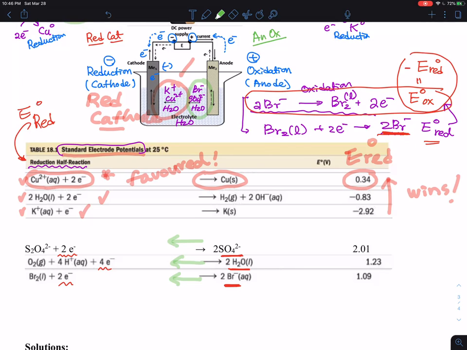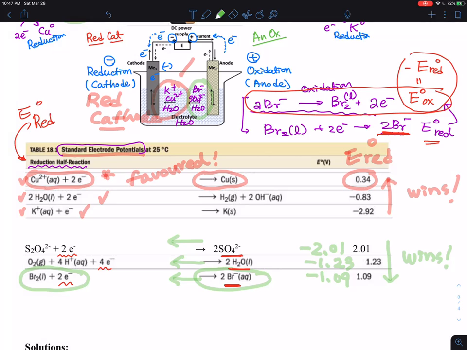And so the value will be the other way around. In this case, for the oxidation, this one wins. So it's the opposite of the reduction. So among all of these, this is the one that is going to be the dominant reaction at the side.